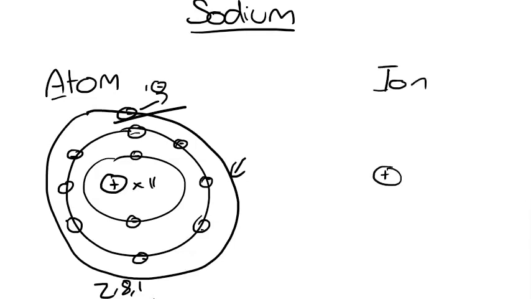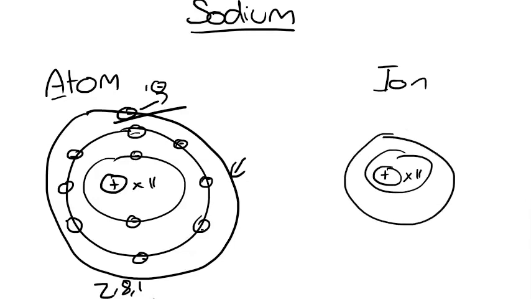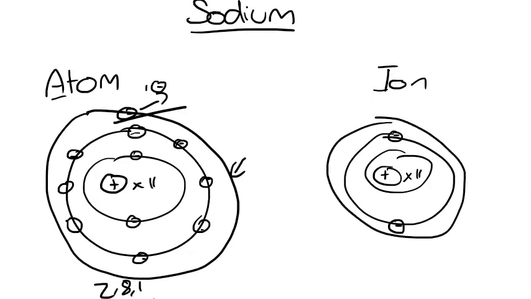We've still got 11 protons in the nucleus, but around the outside we've got just 10 electrons. 2, 3, 4, 5, 6, 7, 8. So we've just got those 2 shells filled up, and the second shell is now full with 8 electrons in it. So the sodium atom has an electron configuration of 2, 8, 1, and the sodium ion has an electron configuration of 2, 8.